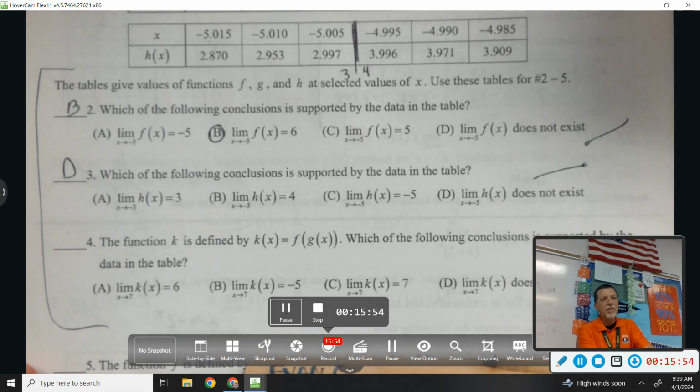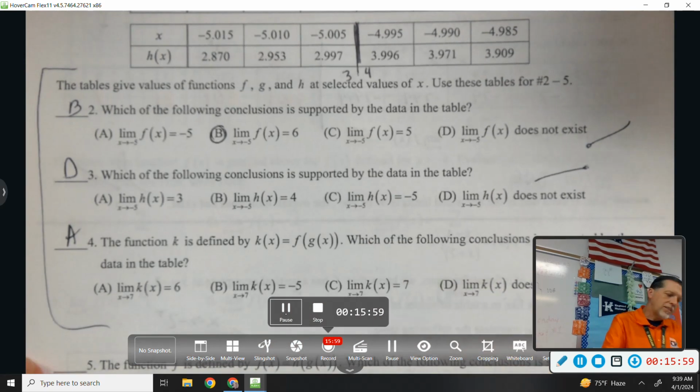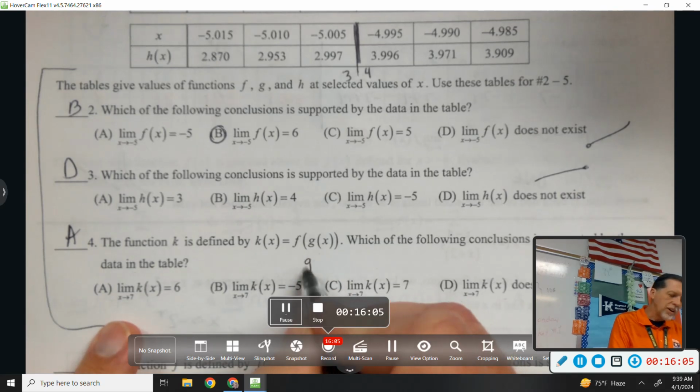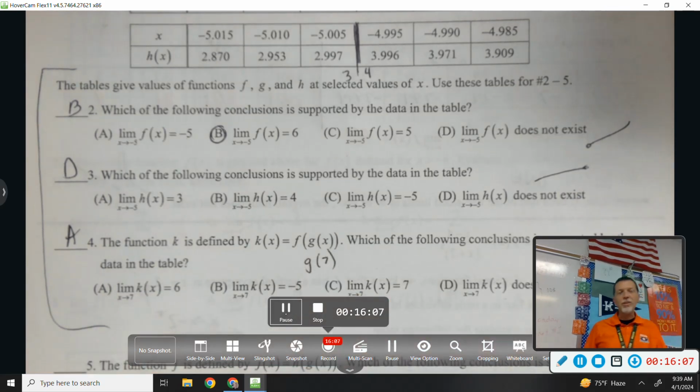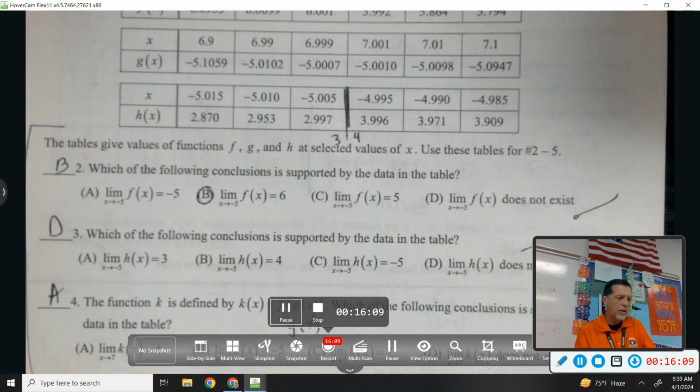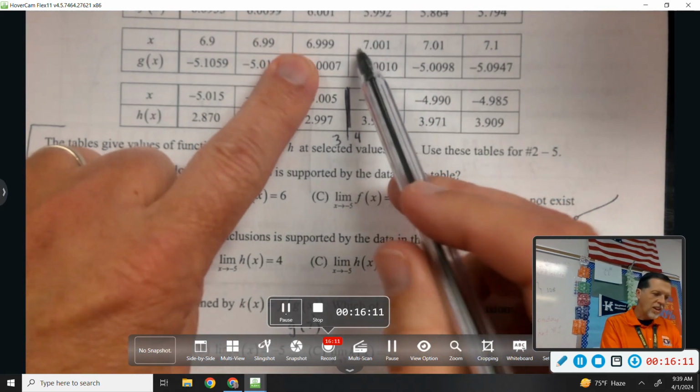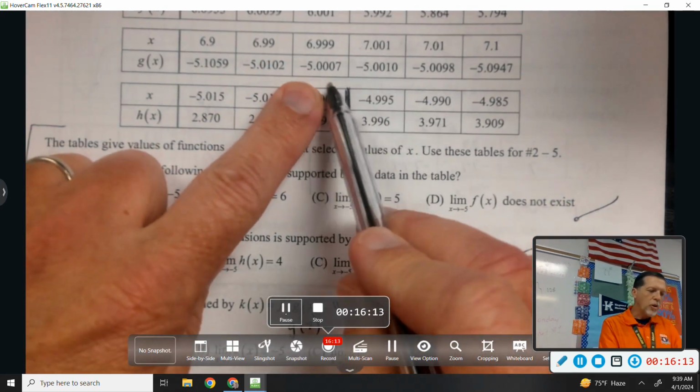Evan, were you able to figure out number 4? It is A. Very nice. That nested thing, so start in the middle. So limit as x approaches 7. So we kind of want, it's not really g of 7 because we don't have g of 7. But as we approach 7, the y value is approaching negative 5.